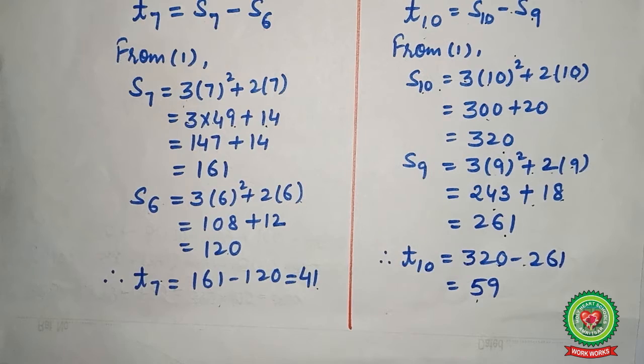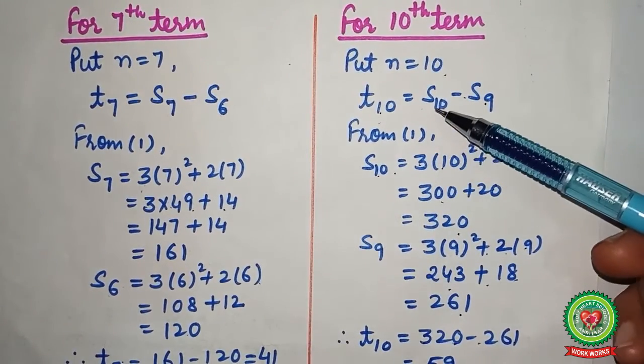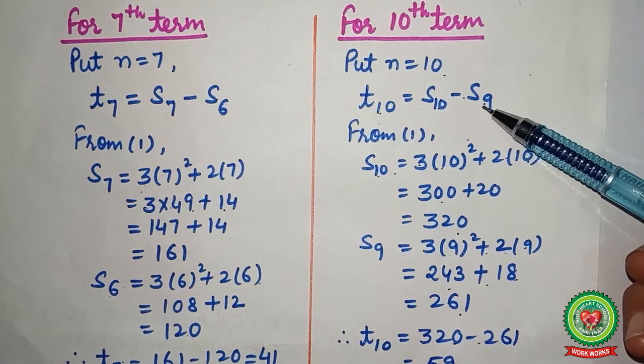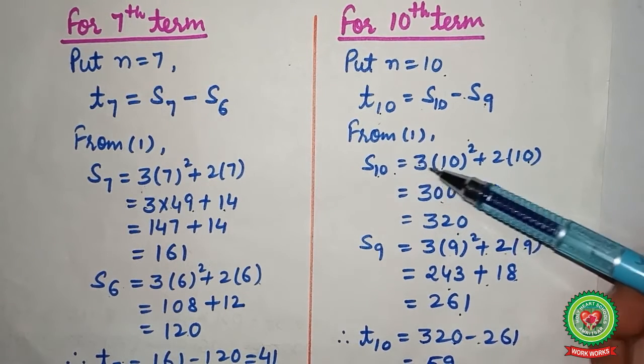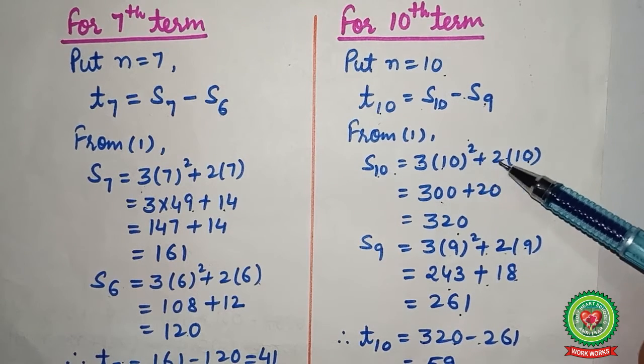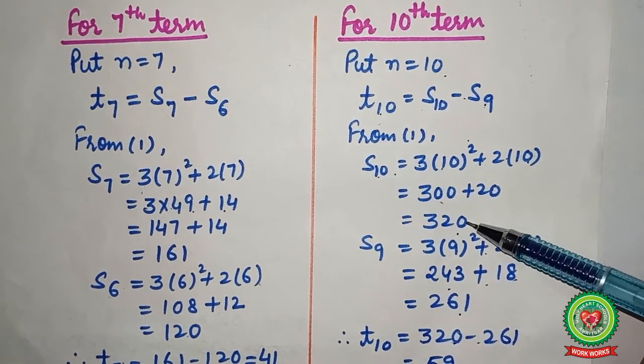Similarly, for 10th term, let's see the formula. It will become S10 minus S9. So we have to find both the values. S10 is equal to 3 into 10 square plus 2 into 10, that is 300 plus 20 is 320.